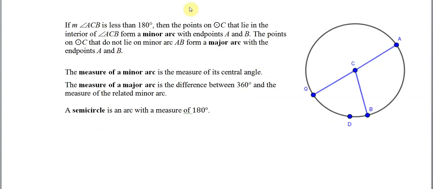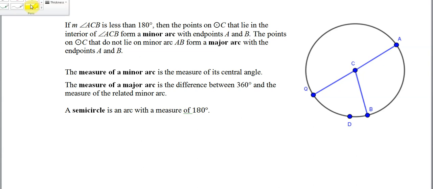All right, now continuing on, we're going to talk about arcs. I've drawn another circle here with some slightly different points and line segments, and this is really just for us to understand the vocabulary. If the measure of angle ACB, where the center is C, is less than 180 degrees, then the points on circle C that lie in the interior of that angle form a minor arc.